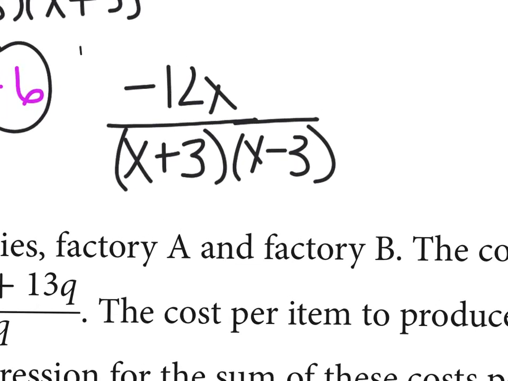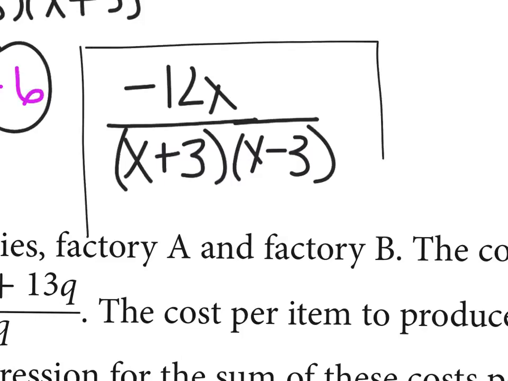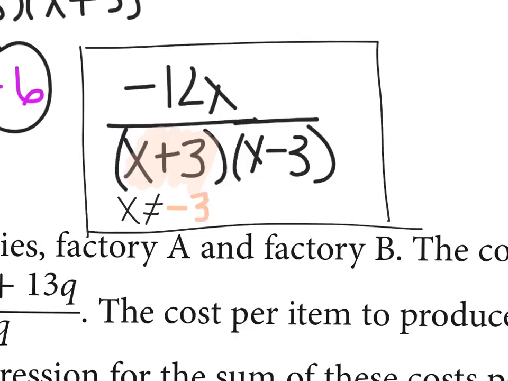So the only thing I have to figure out now is my excluded values. What can x not equal? And remember, those come from the factors of the denominator. My first factor of my denominator was x plus 3. So if I have x plus 3 in the denominator, then x cannot be negative 3, because if x was negative 3, the denominator would be 0.